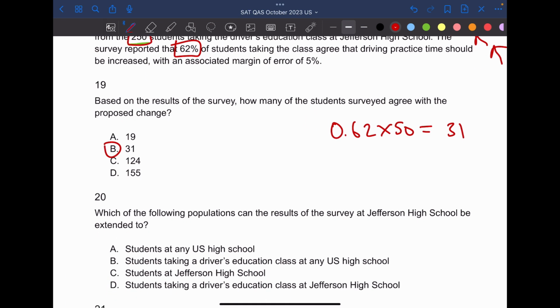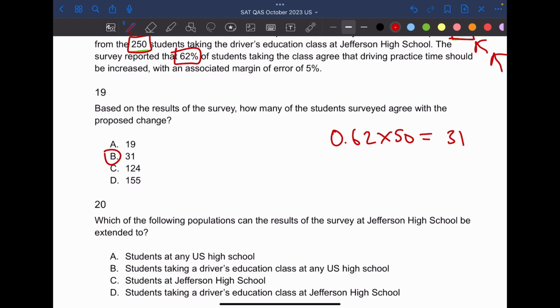Let's zoom in a bit here. Part A says a student at any high school in the US. This is wrong because, first of all, they could be different ages, from grade 9 to grade 12, freshman, senior, they make a difference. So this is an obvious mistake. So A is wrong. For B, students taking a driver's education class at any US high school. This is the exact same thing, because even though these are people taking the class, it doesn't mean they're the same age.